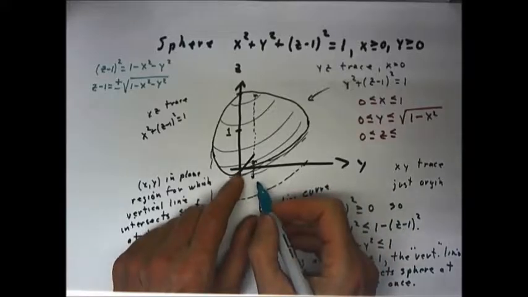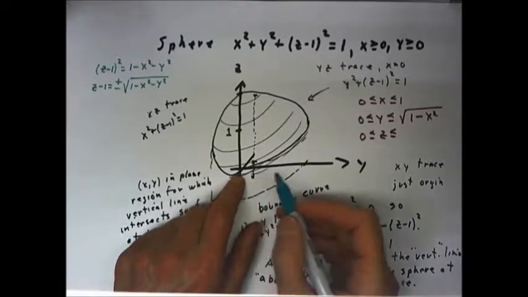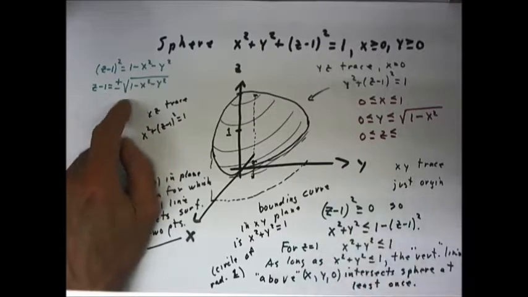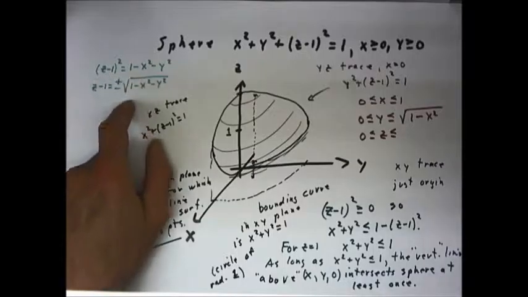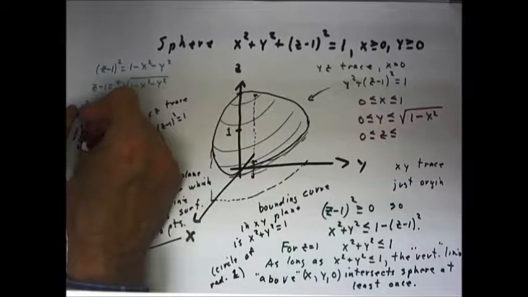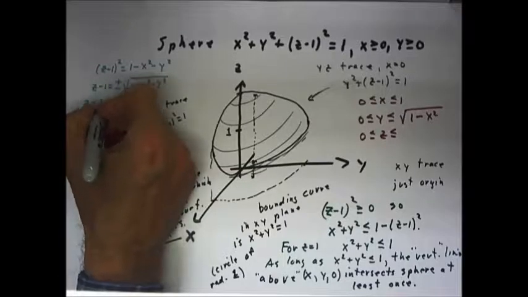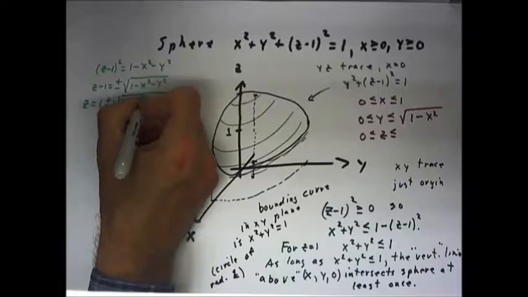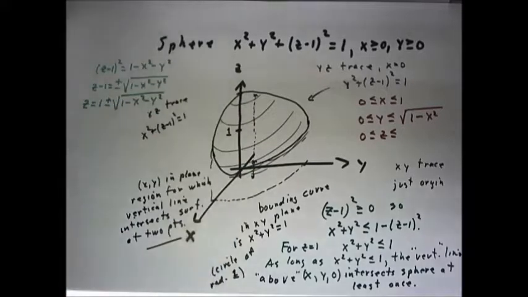Now z is never less than 0. So if we have an xy within this circle, that means we're going to get 2 possible values of z, one corresponding to the plus, one corresponding to the minus. The solution is pretty straightforward. Z then equals 1 plus or minus the square root of 1 minus x squared minus y squared.